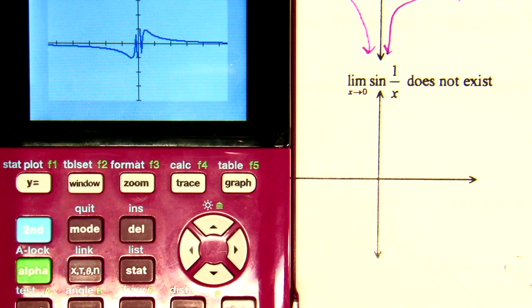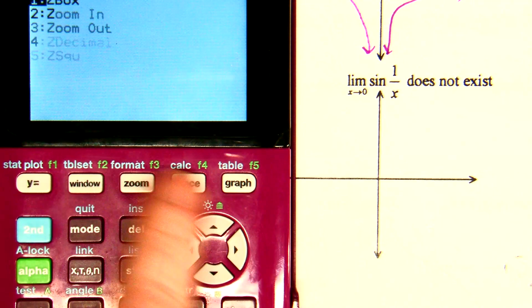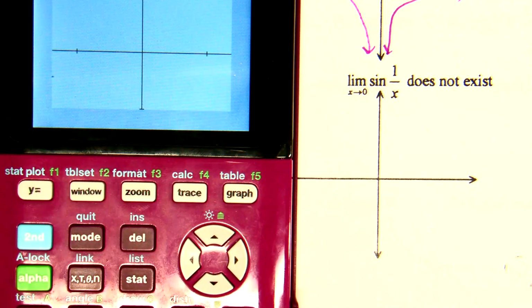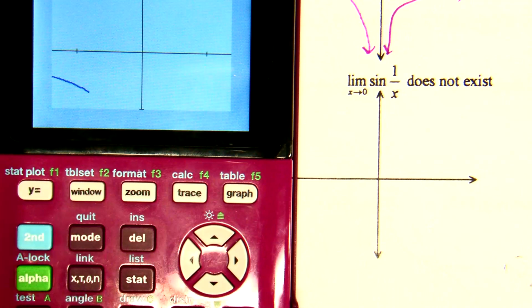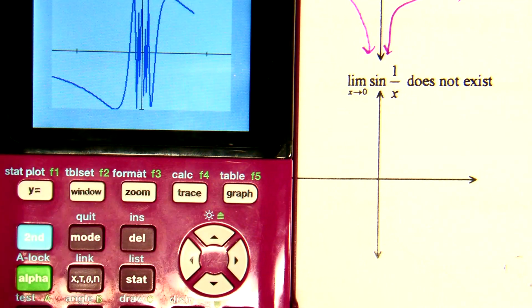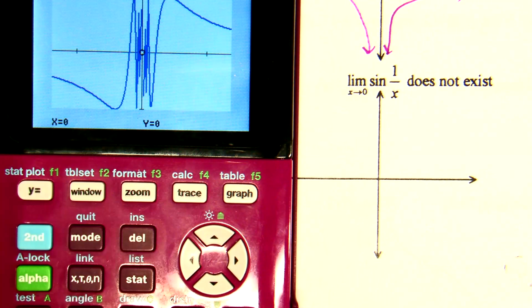I don't know about you guys. I can't tell much about what's going on there at 0. So I'm going to zoom in. Oh, that looks like my doctor's signature. So it's a heart monitor. It's a doctor's signature.